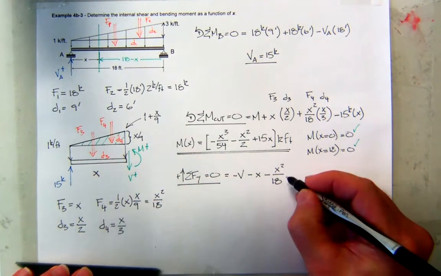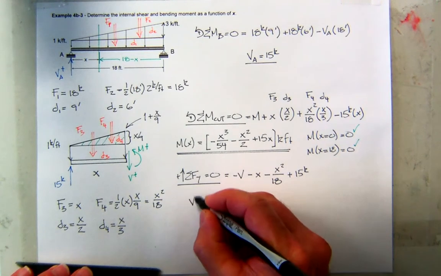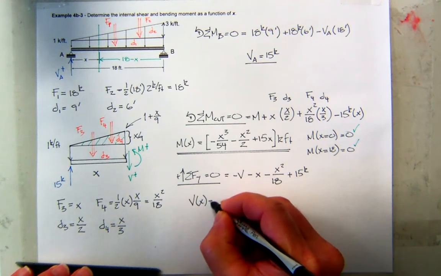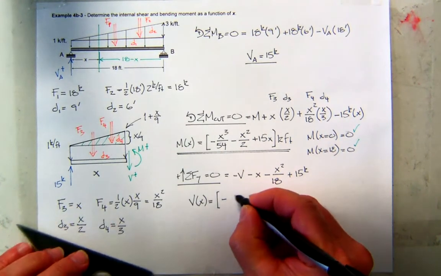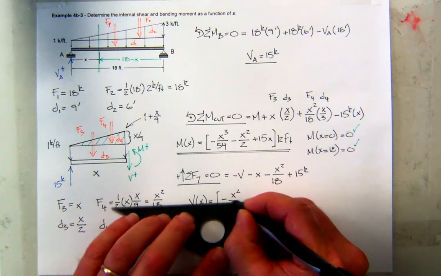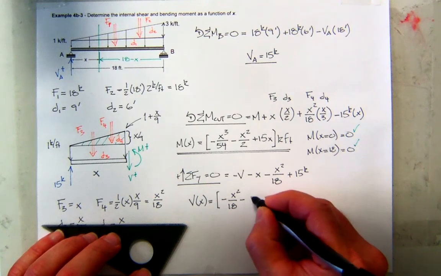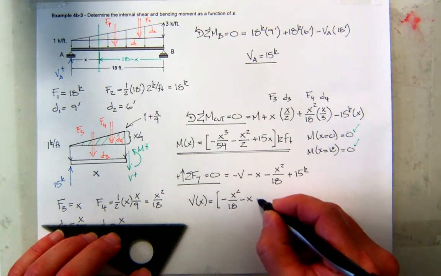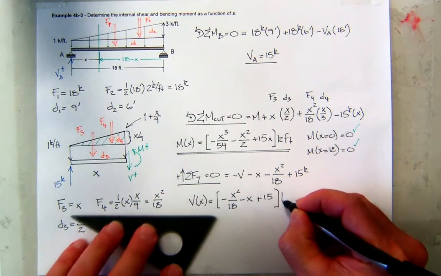And 15 is up, plus 15. So if I solve for the shear, it looks like I'm getting minus x squared over 18 minus x plus 15. And that will have units of kips.